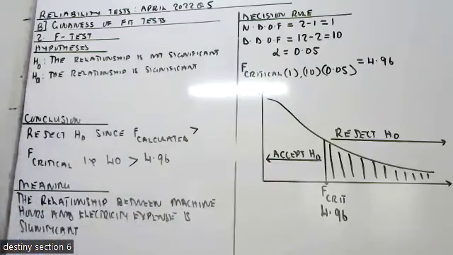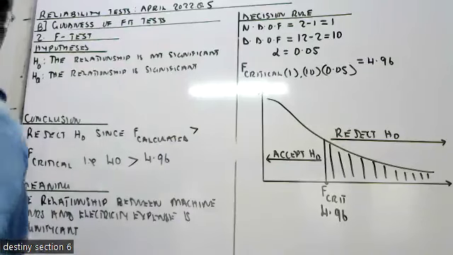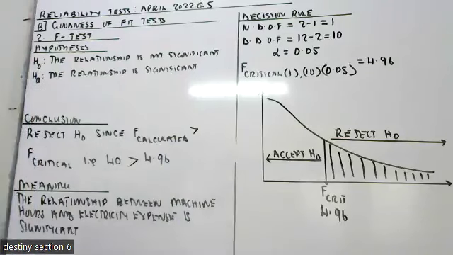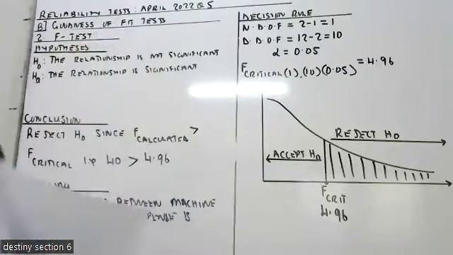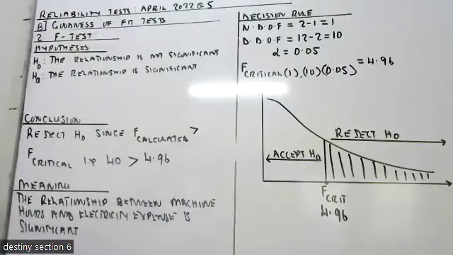The relationship between the machine hours and the electricity expense is significant. What that means is that you cannot easily ignore it. You cannot easily ignore that the relationship is significant. It's very, very important.